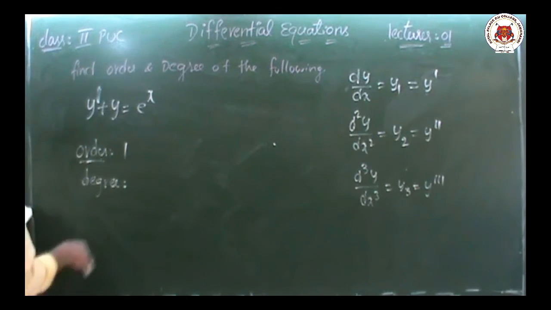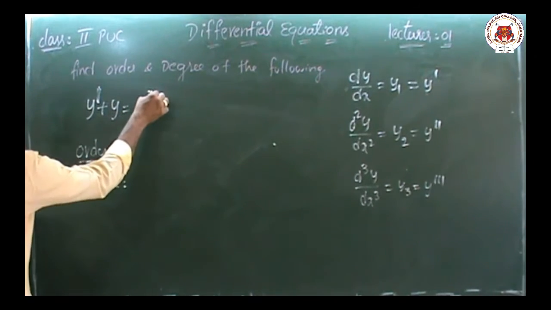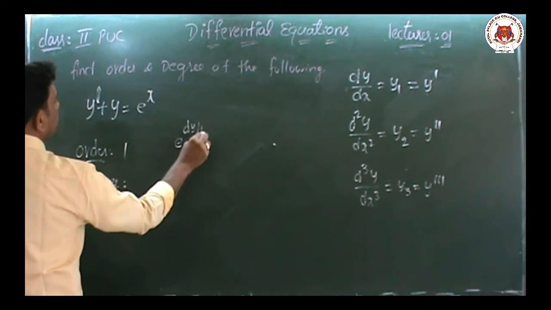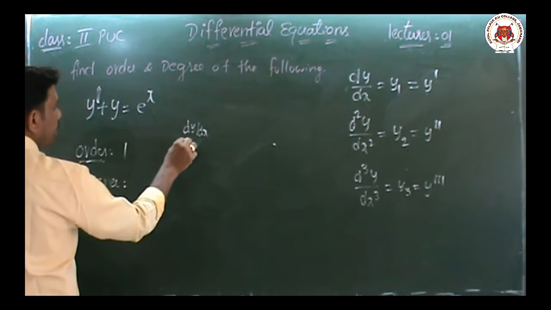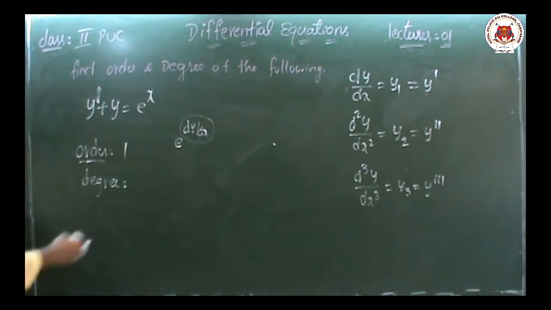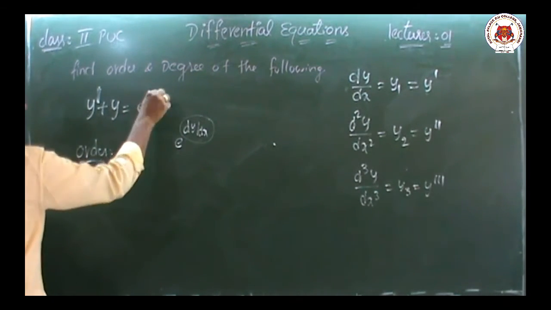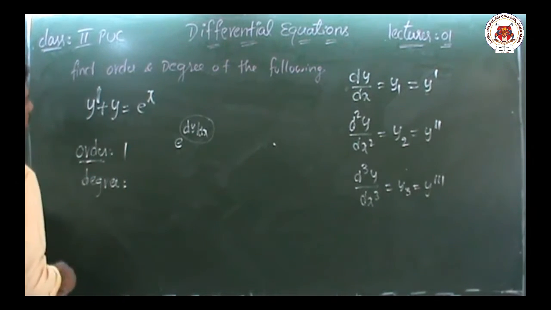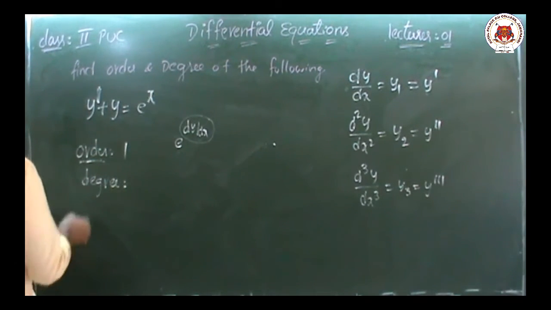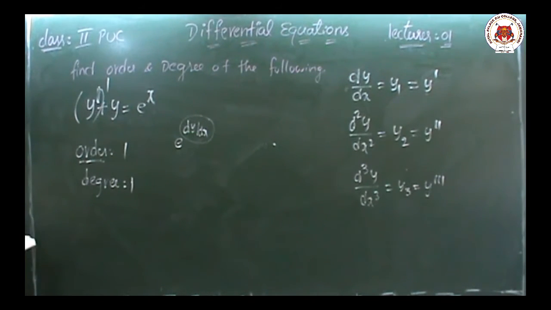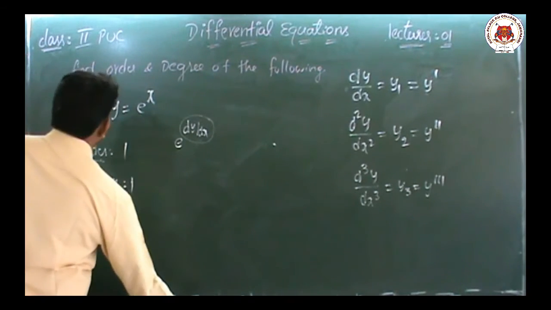But if e power is having dy by dx in its power, then degree is not defined. Here it is e power only x, there is no dy by dx, so definitely the degree can be defined. The order's power is 1. So order 1 and degree also 1. Now we will go to the next question.